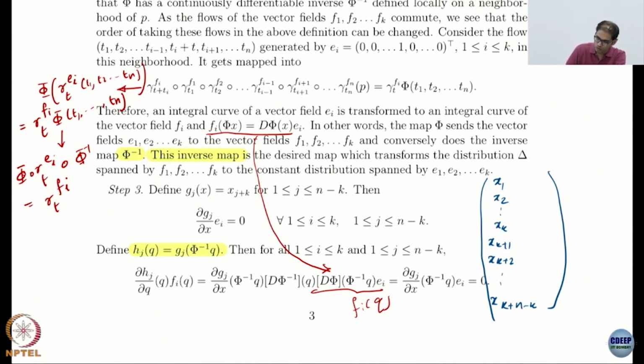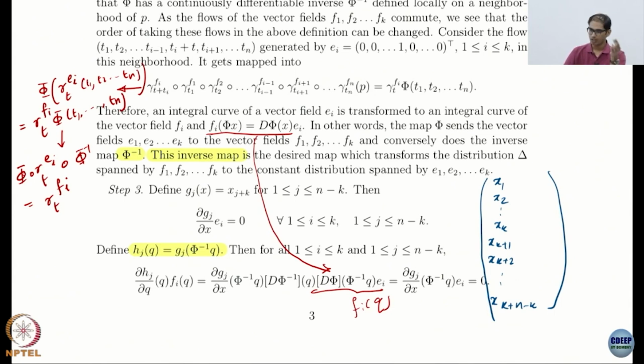Now, if I choose my function as x(j plus k), then if I take a partial with respect to x, this row vector, where will it have 1? In the j plus kth position, and 0 everywhere else.